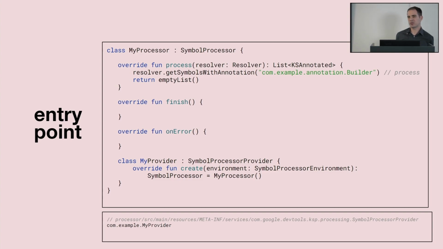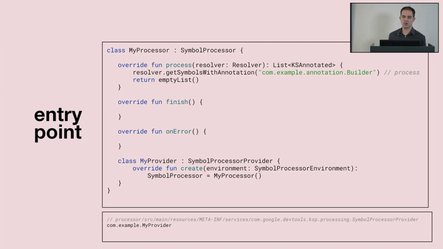The entry point for processing is this Kotlin symbol processor interface. This interface has three different functions. The last two are not that important. They are hook methods. They are called either when the processing was finished, so the finish function, or when any kind of exception was thrown during the processing, and then this onError function will be called.